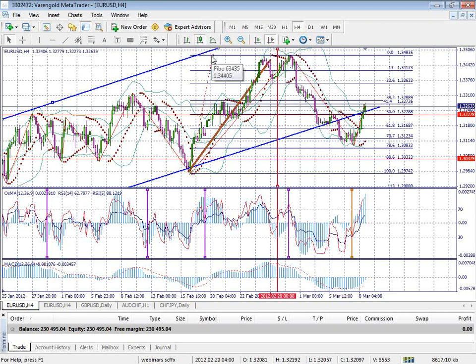So if we put the FIBO on that wave, we saw that the pair went around 70% of FIBO and reversed. Now it is touching the 38.2, 41.4 level from that wave.